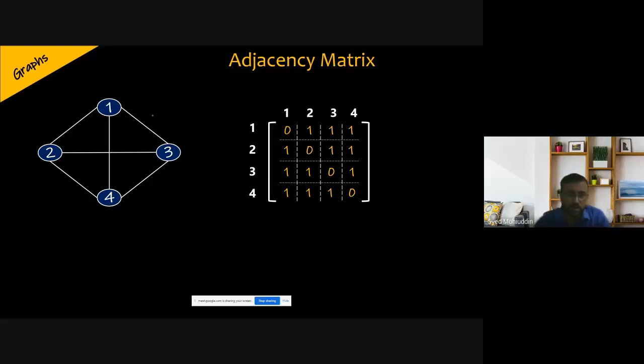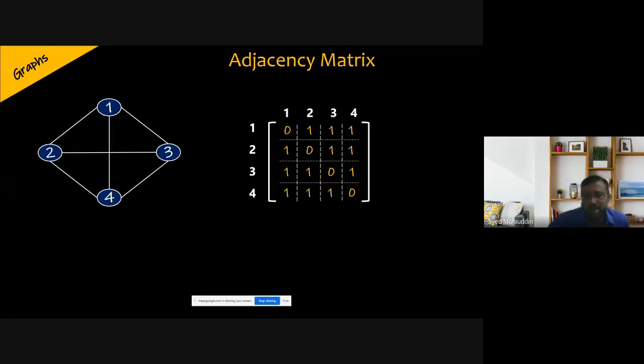So you have node 1 to 2. In row 1, column 2, we have 1, which means there is an edge. Wherever we have 0, that means there is no edge.